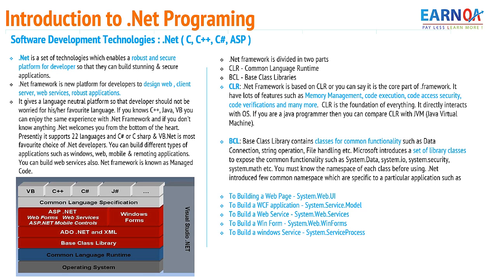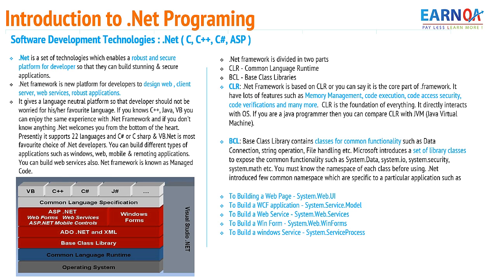If you look at the presentation, again, there are two major things that we must know in the .NET: Common Language Runtime, called the CLR, and the BCL, Base Class Library. The CLR is all about memory management, code execution, code access, code verification, and it helps everything to organize.